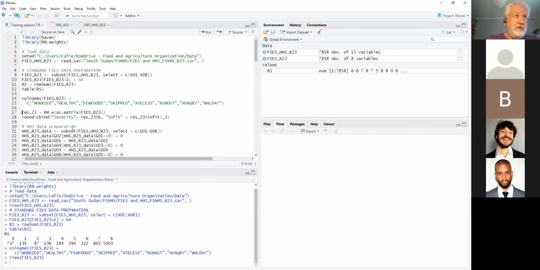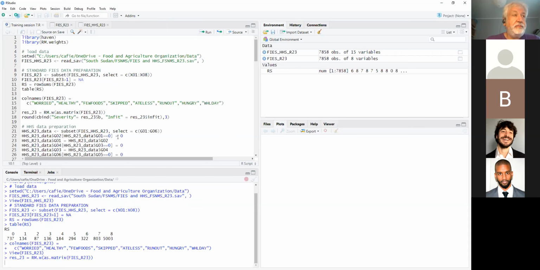The traditional way of analyzing the FIES data is by running the dichotomous Rasch model. We do it with the command RM.weights from the RM.weights package. You will see that I'm running a very, very simplified analysis.